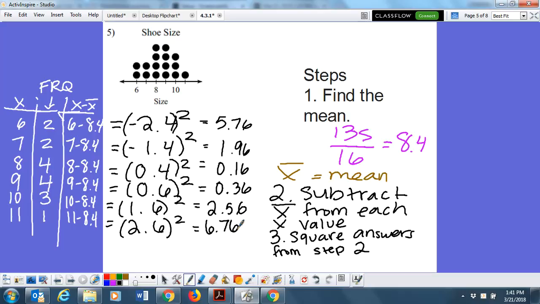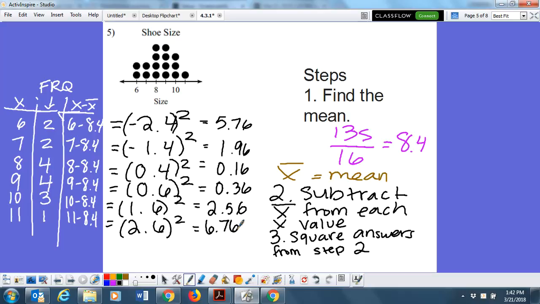Okay, so what makes standard deviation tedious is that you have to take each of your data values, subtract them from the mean, and square them. So we only did 6 once, but how many 6s did I actually have? 2. We only did 7 once, but I actually had how many 7s? 2. And then I only did 8 once, but I actually had 4 of them.